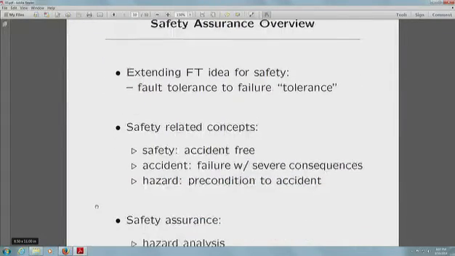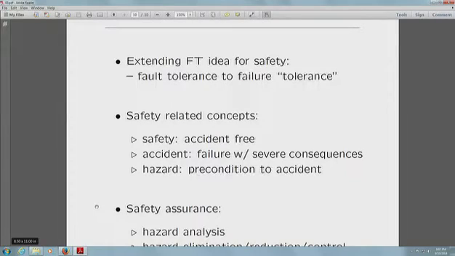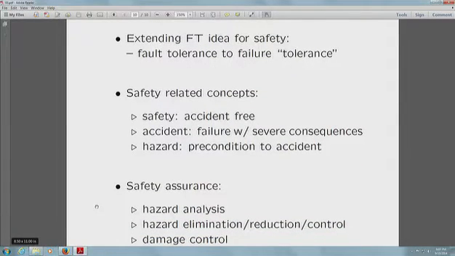There's also some ideas for safety critical systems, where you want to have some additional guarantee. For safety critical systems, generally we have several definitions. Some of the concepts related to safety critical systems include the so-called accident. An accident is basically a failure with very severe consequences.